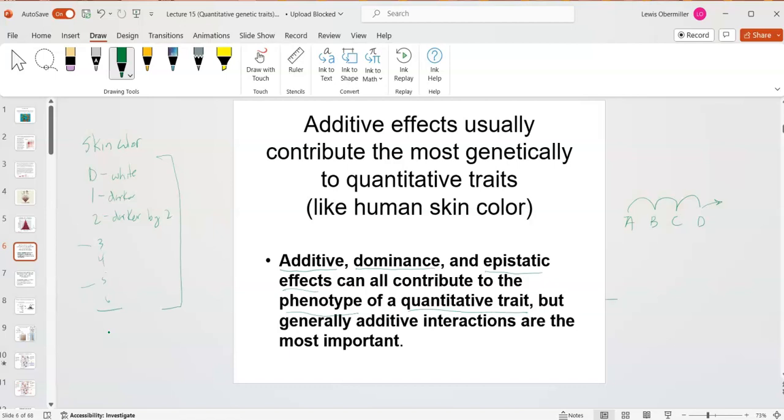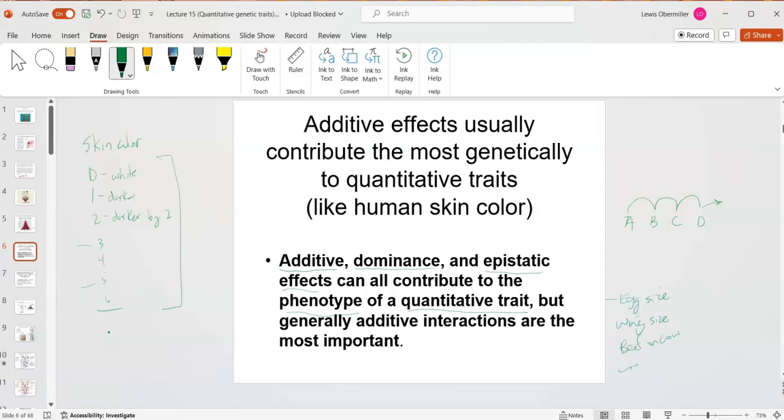All of these things can contribute to the phenotype, what we observe of a quantitative trait, right? And this could be anything. This could be egg size in chickens, or wing size in chickens, or beef on a cow, or crops in a field, or the size of strawberries, or whatever. There's always going to be a range in nature. So that's what we're talking about, quantitative effects.